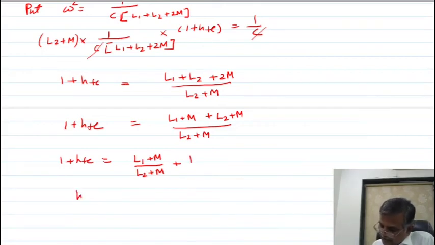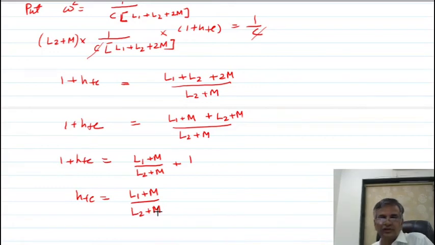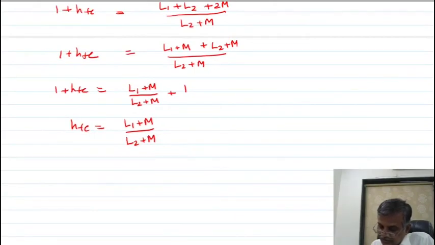So I can write the minimum value of hFE should be equal to (L1 plus M) upon (L2 plus M). This is the condition for the sustained oscillation.